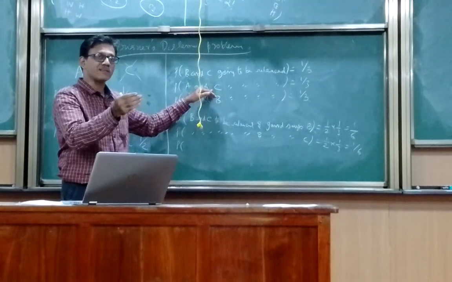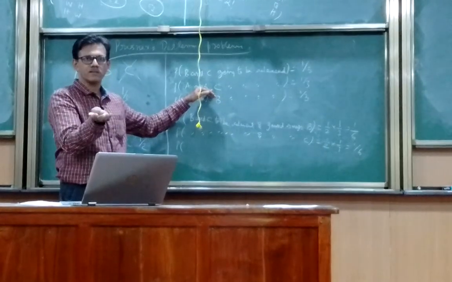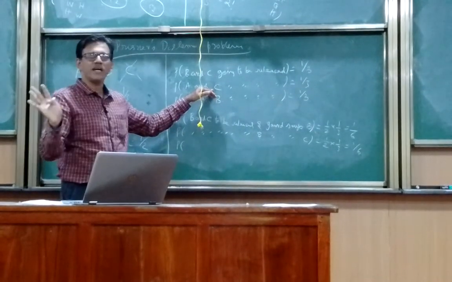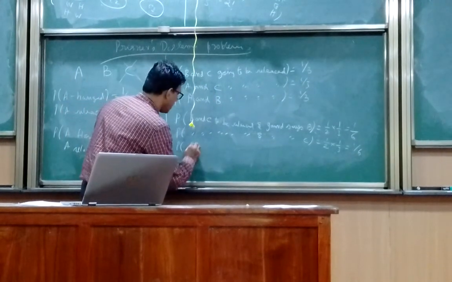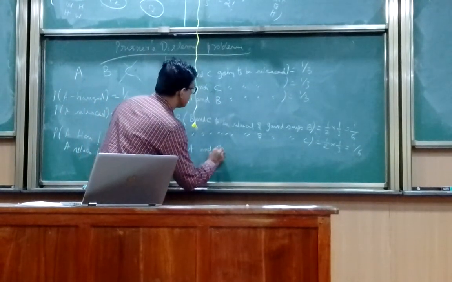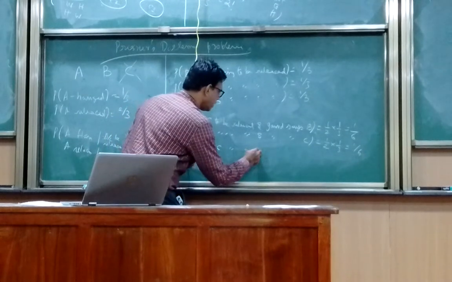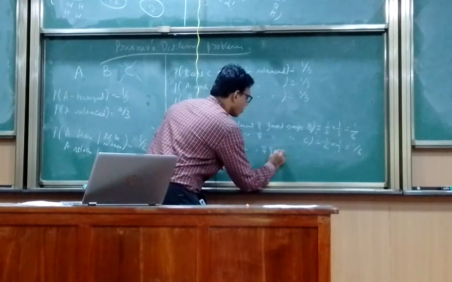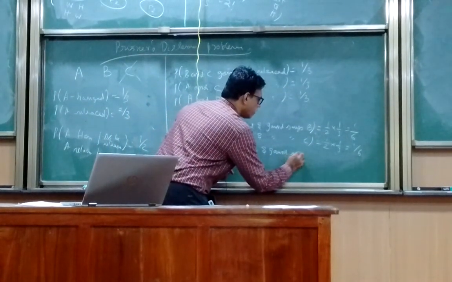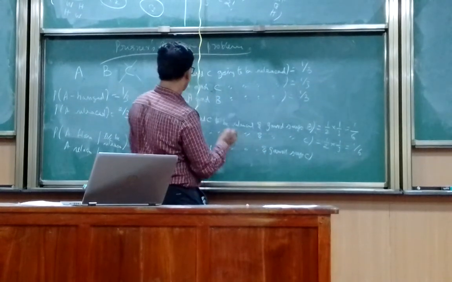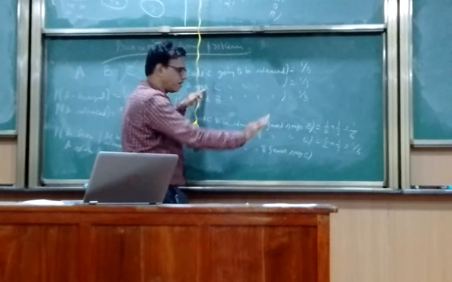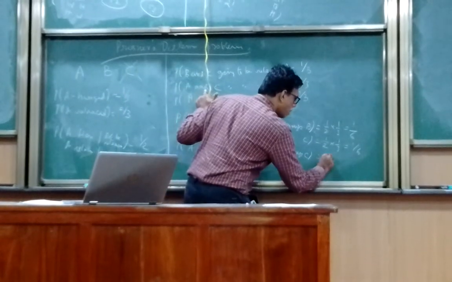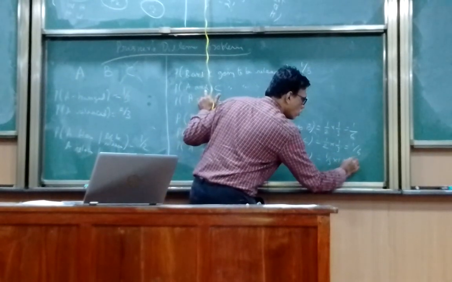So the only person other than me who is going to be released is C, and he has to only tell C. Okay? Then the probability that A and C are going to be released and God says C. God says B is 0 actually, that I am not even writing. It is equal to what? 1 by 3 into 1. That is equal to 1 by 3.